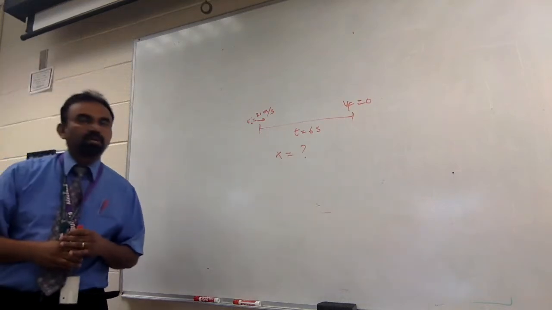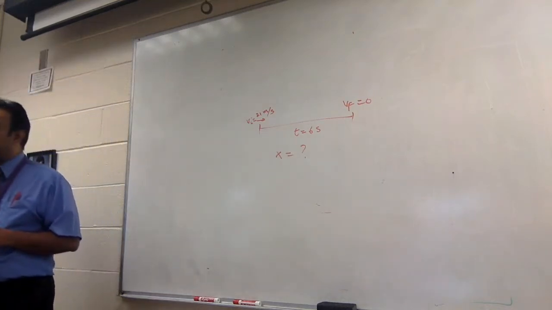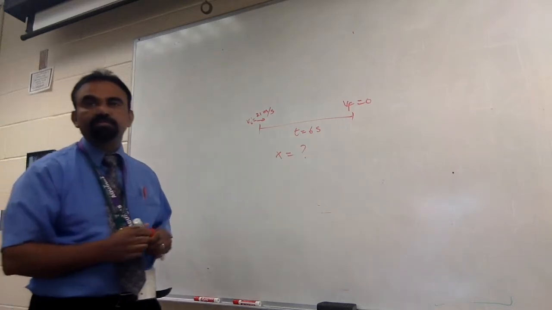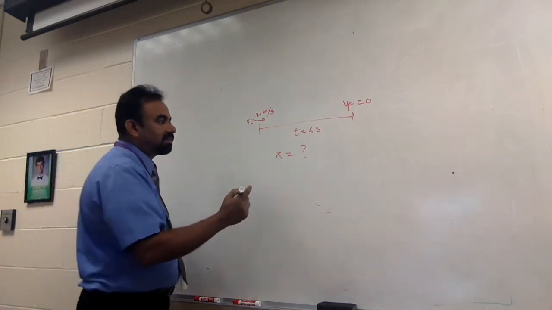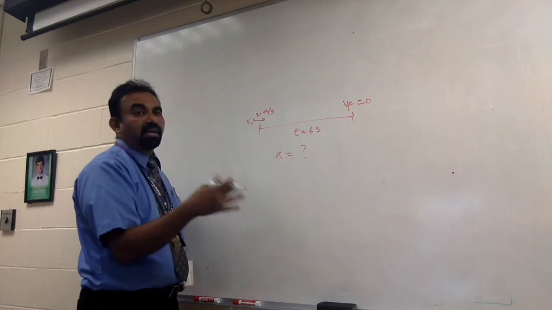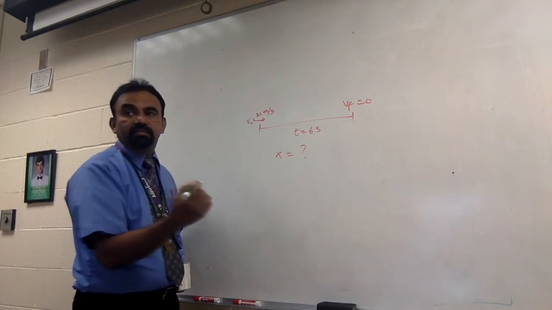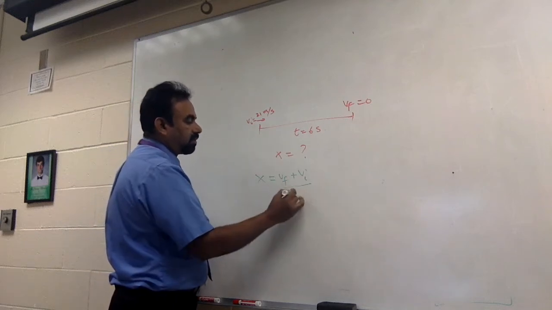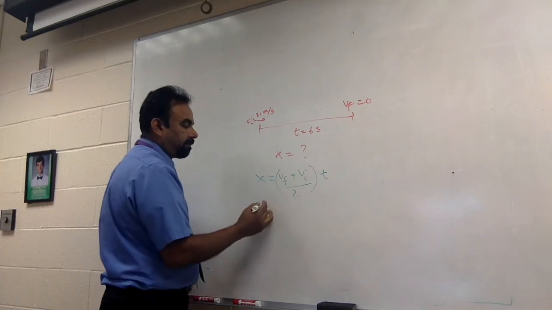Now, you look at the variables that are there and see which variable is missing, and then pick the correct equation according to this. Which equation can be applied here? The one which does not have acceleration. Which equation is that? X is equal to (Vf plus Vi) divided by 2 times time.